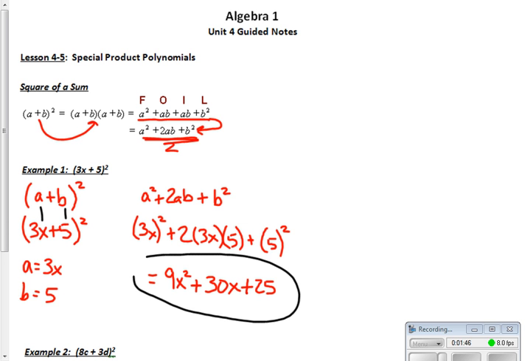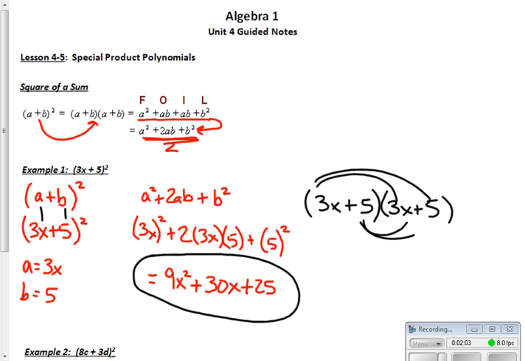You don't have to do it this method, but you can see here that I didn't need to combine any like terms. I could set the problem up as (3x + 5) and (3x + 5), and do my distributive property. After I do that, I'd have 4 terms.